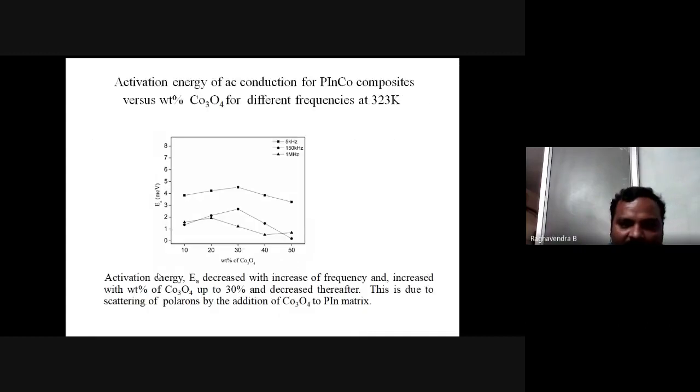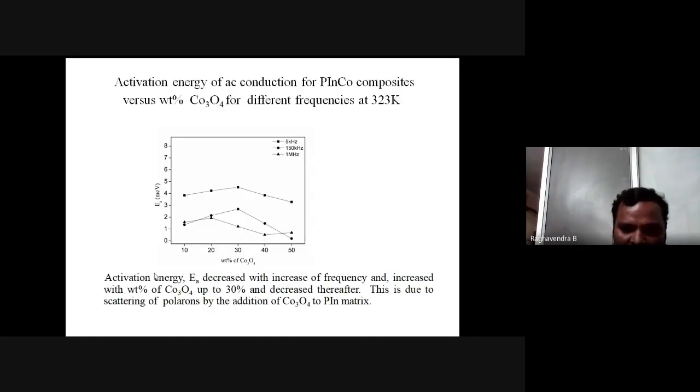And this is the graph of activation energy versus weight percentage of Co3O4. Here also the activation energy decreases with the increase of Co3O4 concentration in the polymer matrix. This decrease is because of the scattering of the polarons by the addition of Co3O4 to the polyindole matrix.